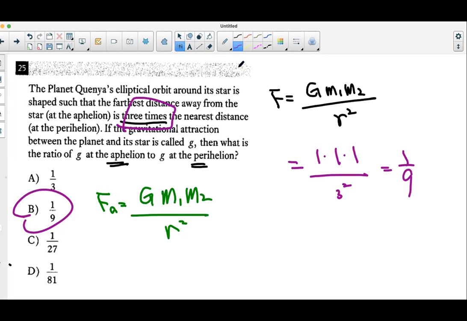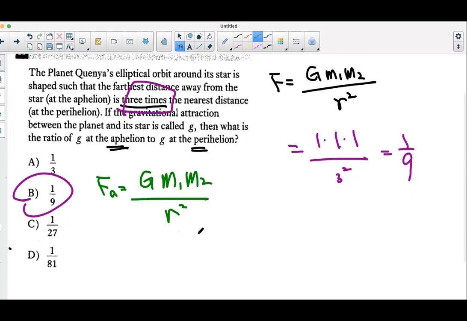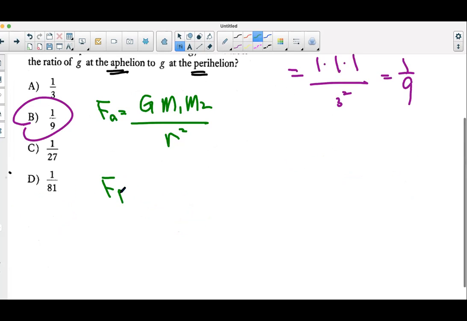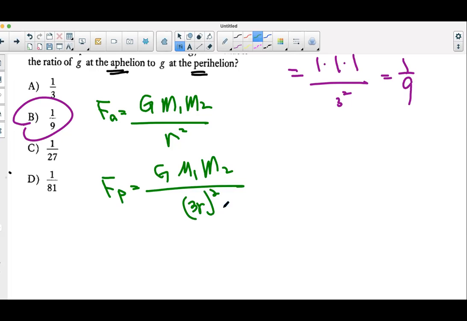But the thing is, what is F of P? It is equal to G M1 M2 over what? 3 times R squared, because 3 times the distance, because the one that's farther away. And this becomes G M1 M2 over 9 R squared.